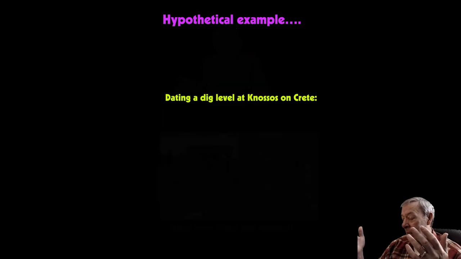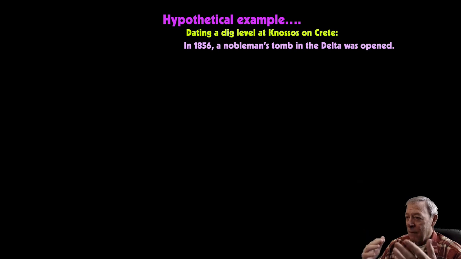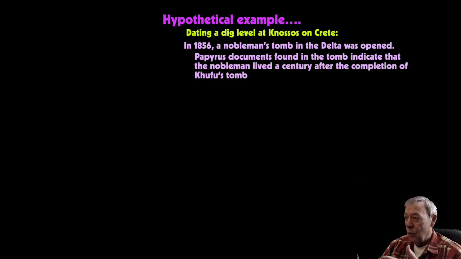So let's say, again hypothetically, in 1856, in the 19th century, an Egyptian nobleman's tomb in the Delta was found and opened up. And papyrus documents found in the tomb indicated that that nobleman lived a century after the completion of Khufu's tomb. So no particular date here, but it's recorded that he lived 100 years after the pyramid was completed.